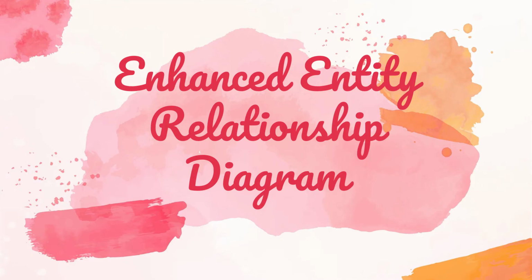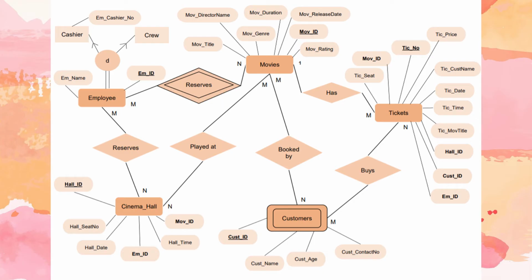Next, I'm going to talk about the enhanced entity relationship diagram. As we can see from the diagram, there are 5 entities in total, which are employee, movies, tickets, customers, and also cinema_hall. For the employee entity, the subclasses are cashier and crew, and the primary key is M_ID.